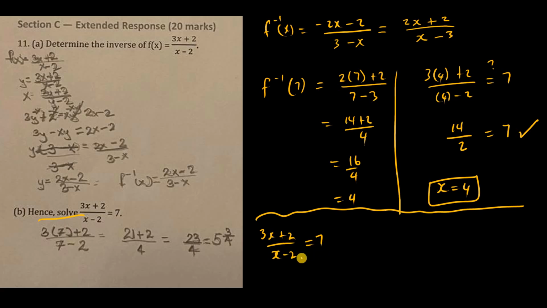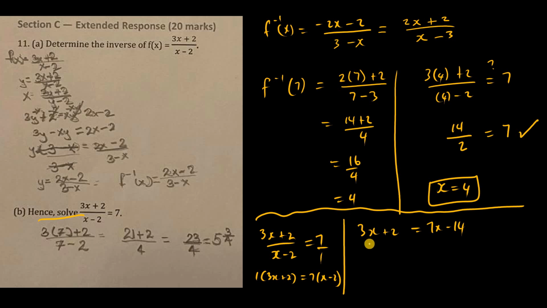We can simply put this over 1 and cross multiply. 1 times 3x plus 2, and I'm going to multiply these as well, which is 7 times x minus 2. 7 times x minus 2 will be 7x minus 14.